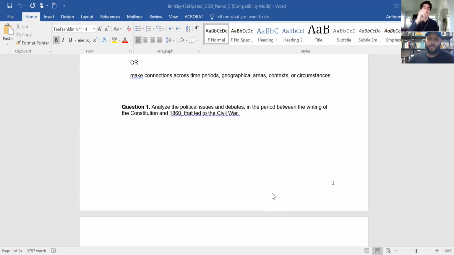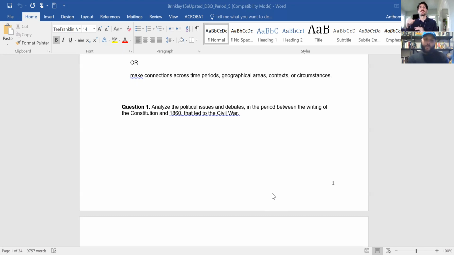My main idea, one escalating issue in terms of political tension between the Constitution and the Civil War, is the signing of the Kansas-Nebraska Act, then explaining what it is and then saying, here are the consequences of that action in particular. By doing that, the escalation of tension is the effect of that policy.